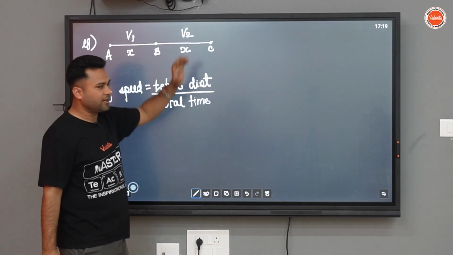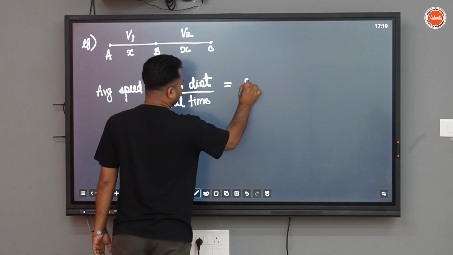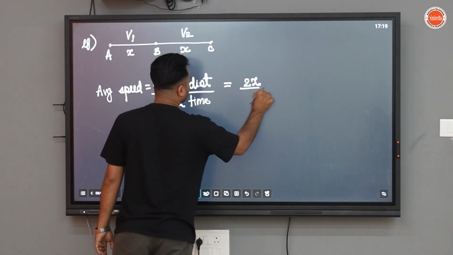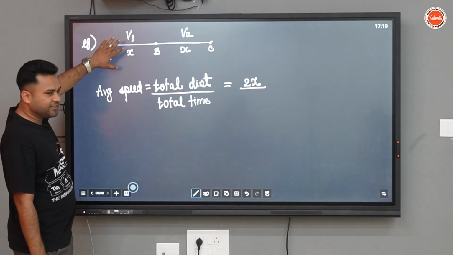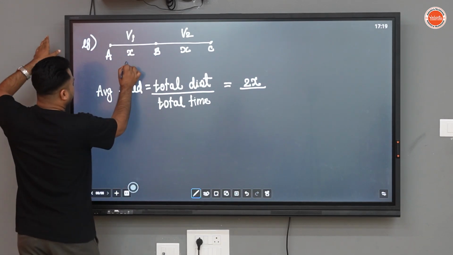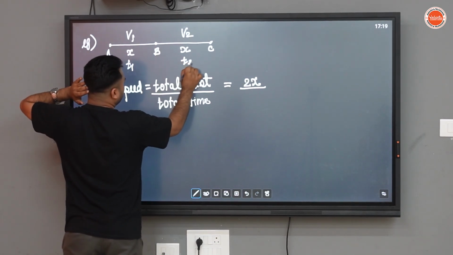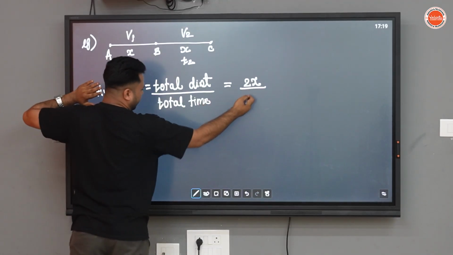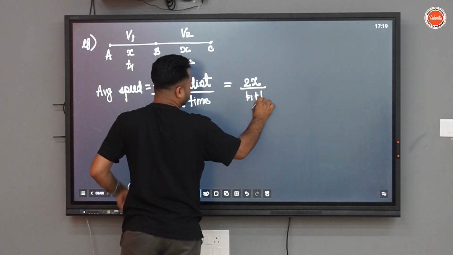So total distance will be x plus x, 2x, by total time. Total time, again the same thing, time equals distance by speed. Time from A to B is T1 suppose, time from B to C is T2. So total time will be T1 plus T2.